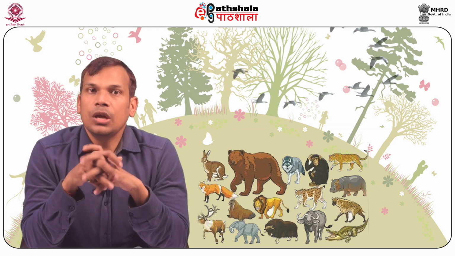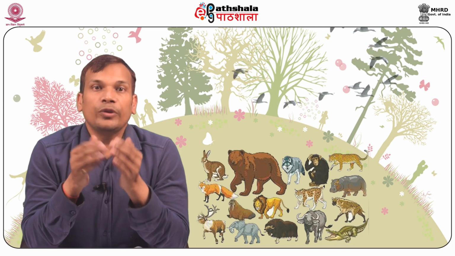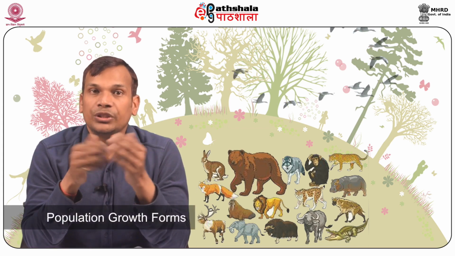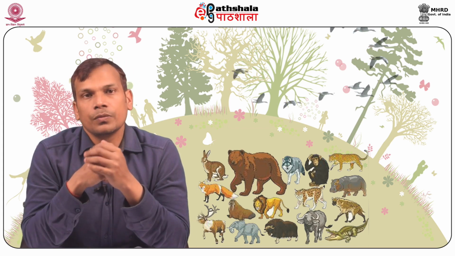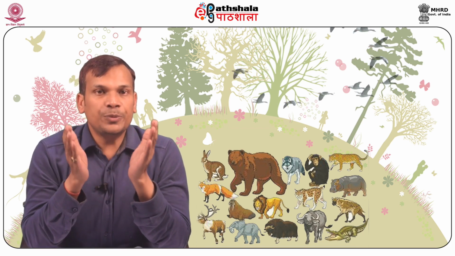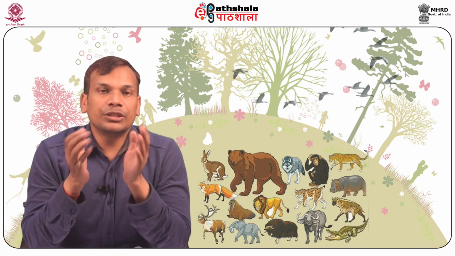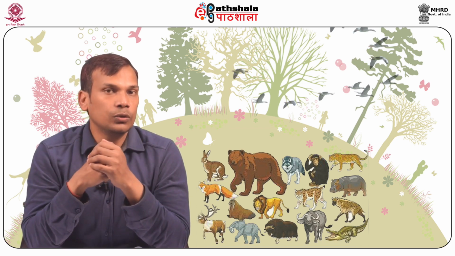Growth forms. Populations have characteristic patterns of increase called population growth forms. The two basic patterns, based on the shapes of arithmetic plots of growth curves, are J-shaped and S-shaped, or sigmoid, growth forms.